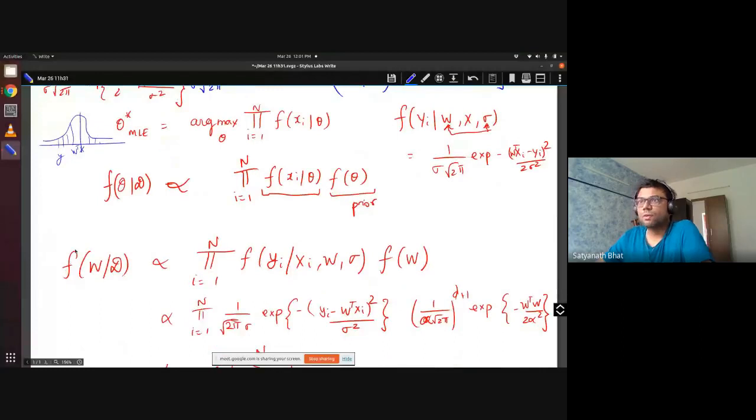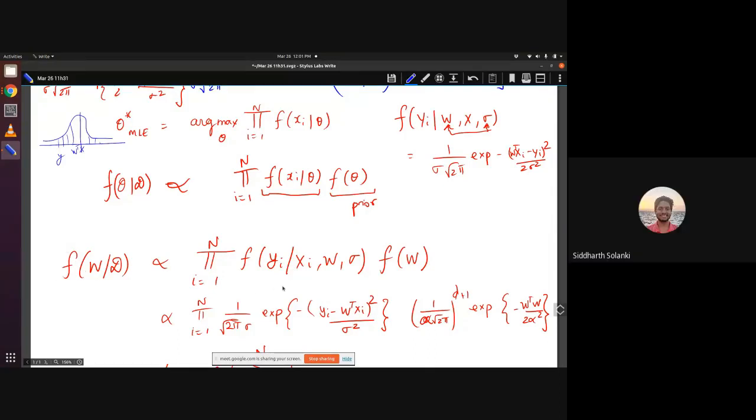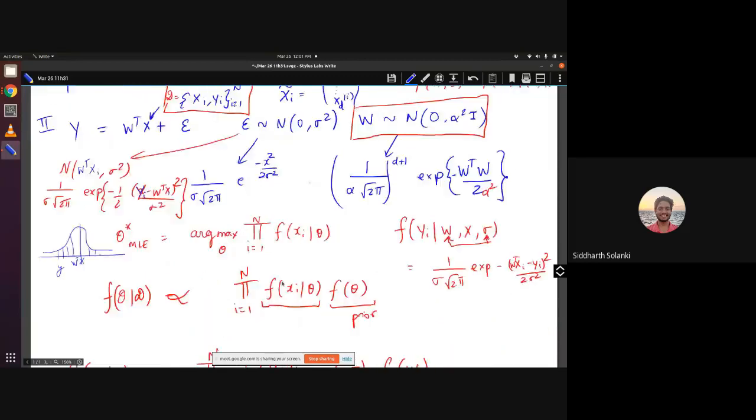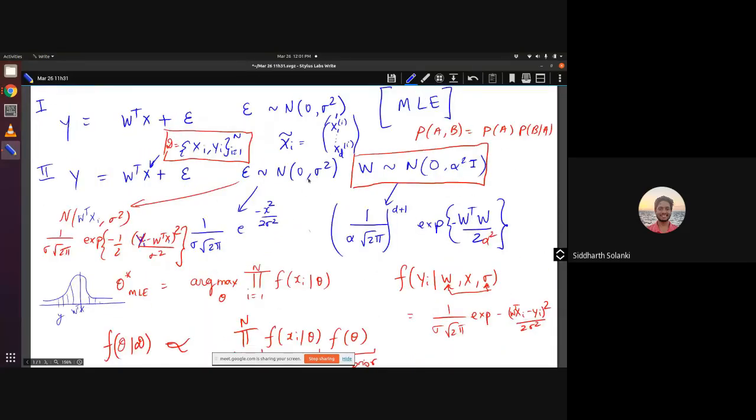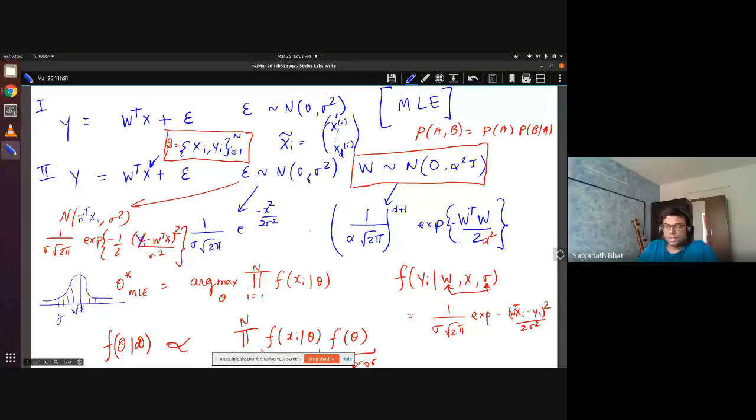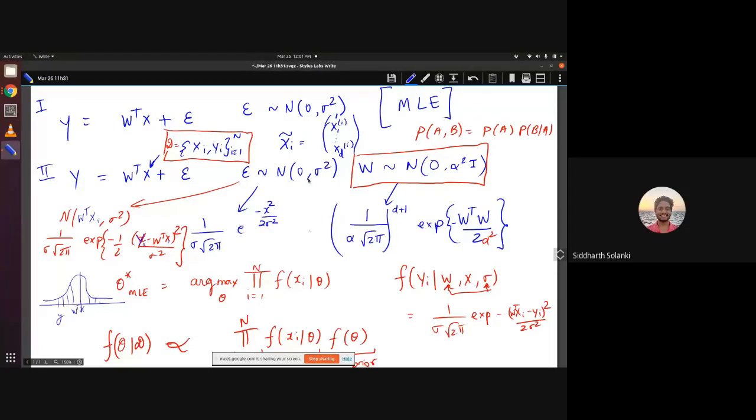Yeah. So what we want to do is you have a prior. You are looking at some new data. You want to look at the posterior. Sir, the noise is actually centered around 0 because it can either be positive or negative around W transpose X. That's correct. So how can it be then centered around W transpose X?